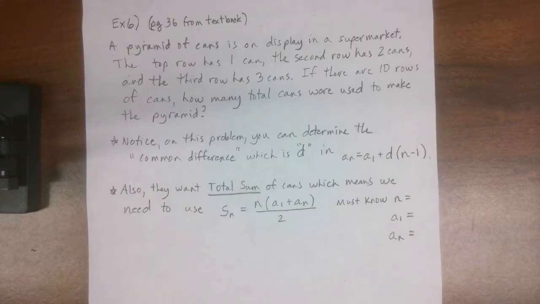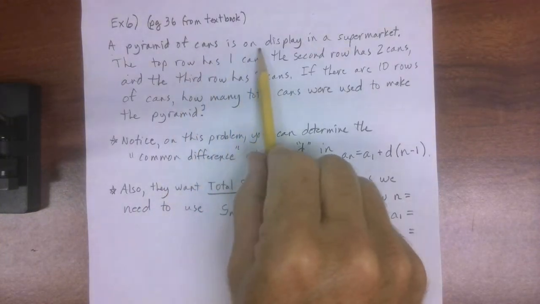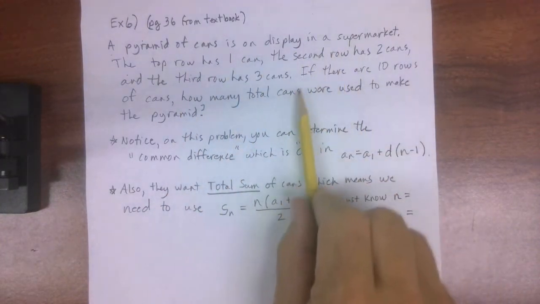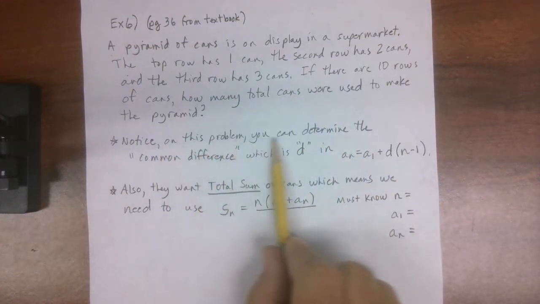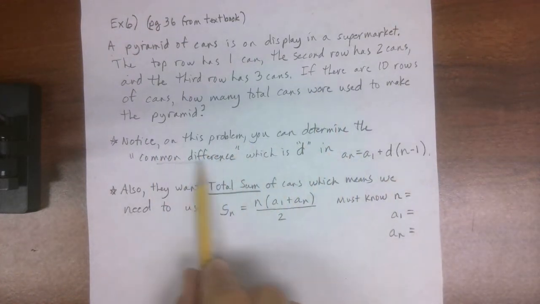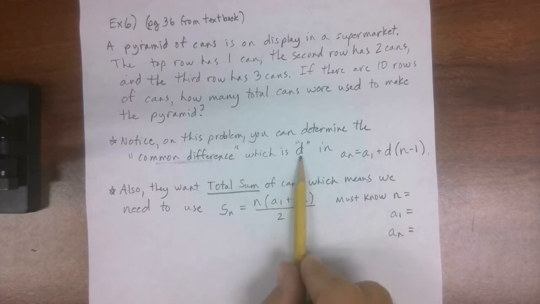Okay, so here we go. This problem says a pyramid of cans is on display. We already read it, so we have a stack of cans, okay? Notice on this problem, you can determine the common difference D is 1.